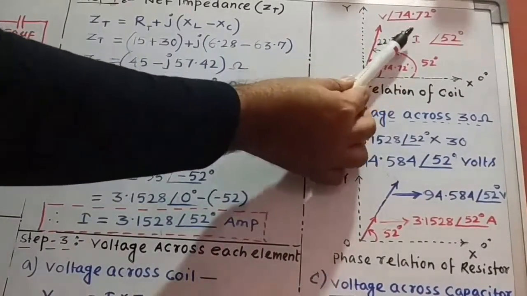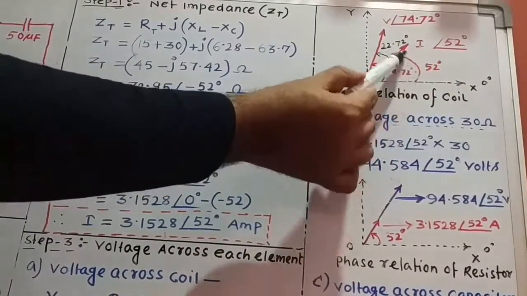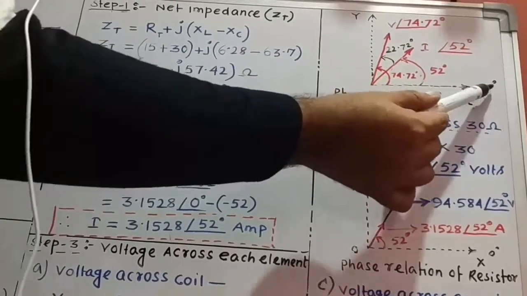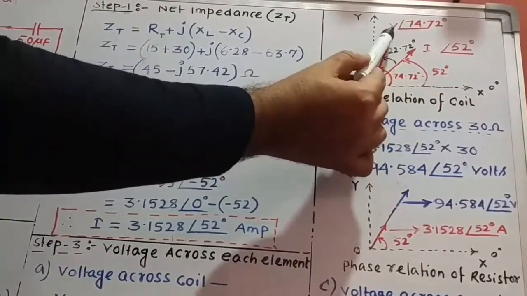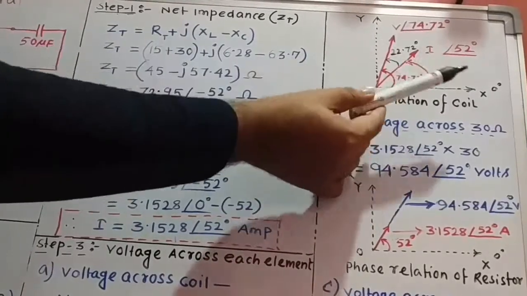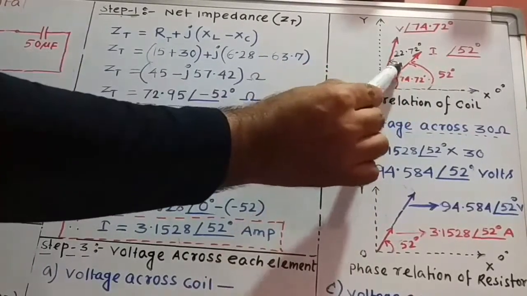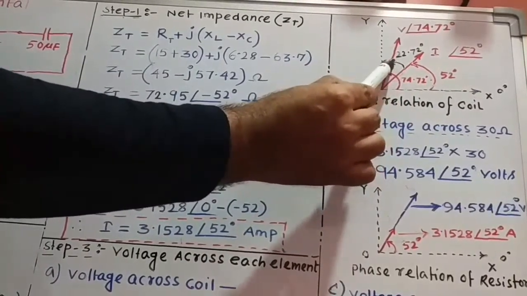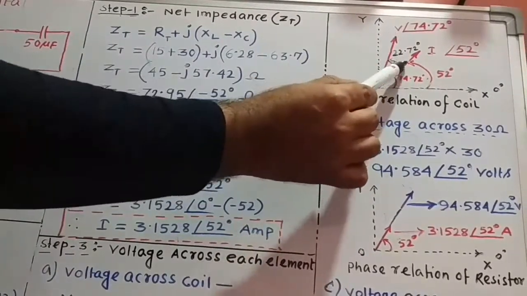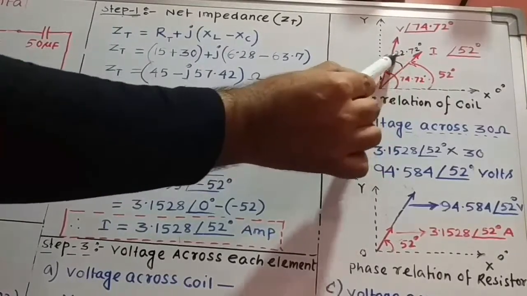So I is angle of 52, so I have drawn this I, which is 52 ahead of the 0 reference line, and V we already calculated, its angle is 74.72 with respect to the 0 reference line. So the difference between voltage and current, which voltage? The coil voltage, and current passing through the coil is only 22.72.